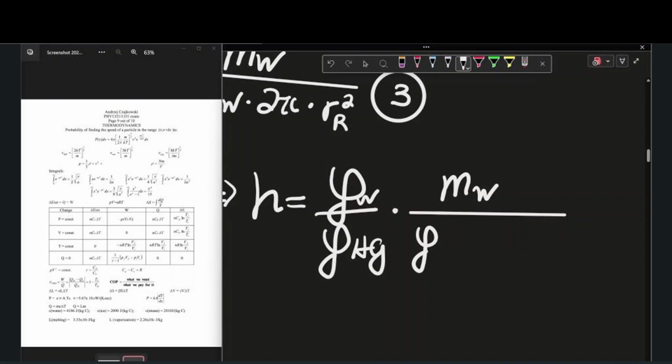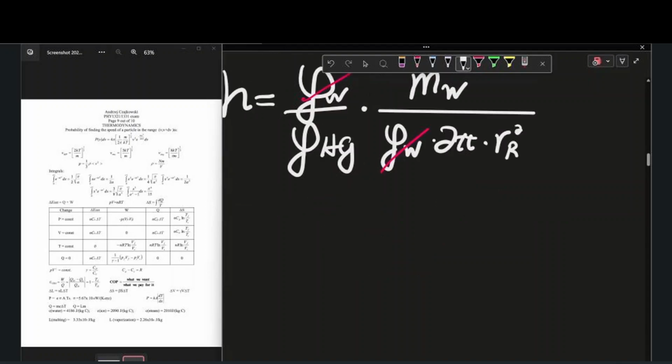So here, see that these cancel out, and we get that our final equation is the mass of the water all over the density of mercury times 2 pi times r squared. So for a general equation, it's just 1 over 2 pi times mass over density times r squared. So this is our final equation. All you have to do is plug in and you get the h.